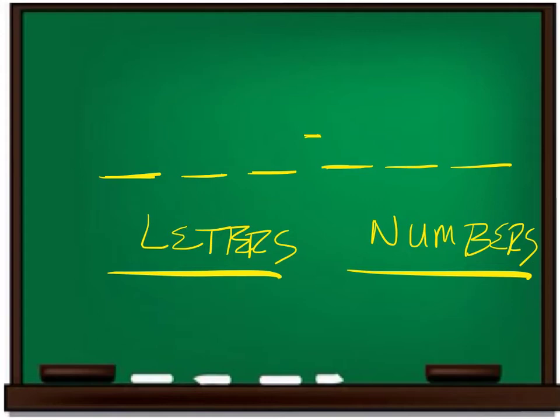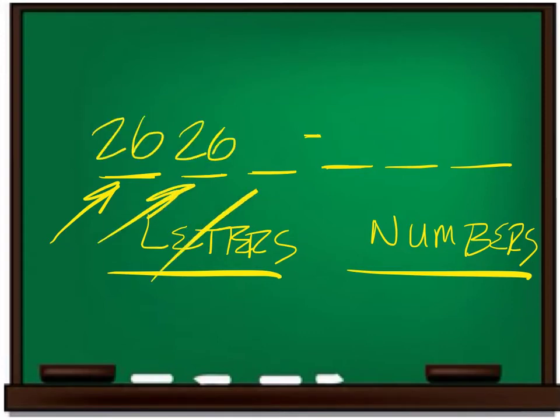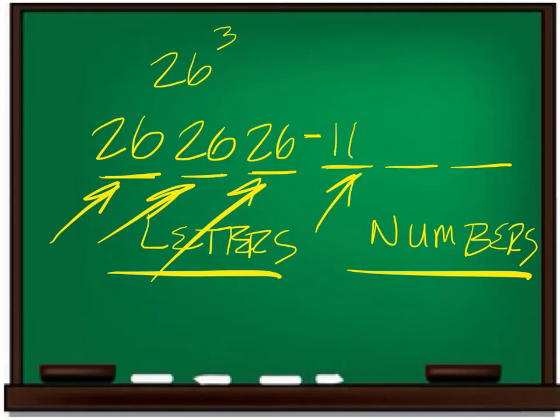How many choices do you have for this spot here? 26. And this spot, 26. And this spot, 26. So in other words, it's 26 to the third power. And how many choices do you have here? 10, because 0 is a number. 10, 10, and 10, so you would have 10 to the third power.